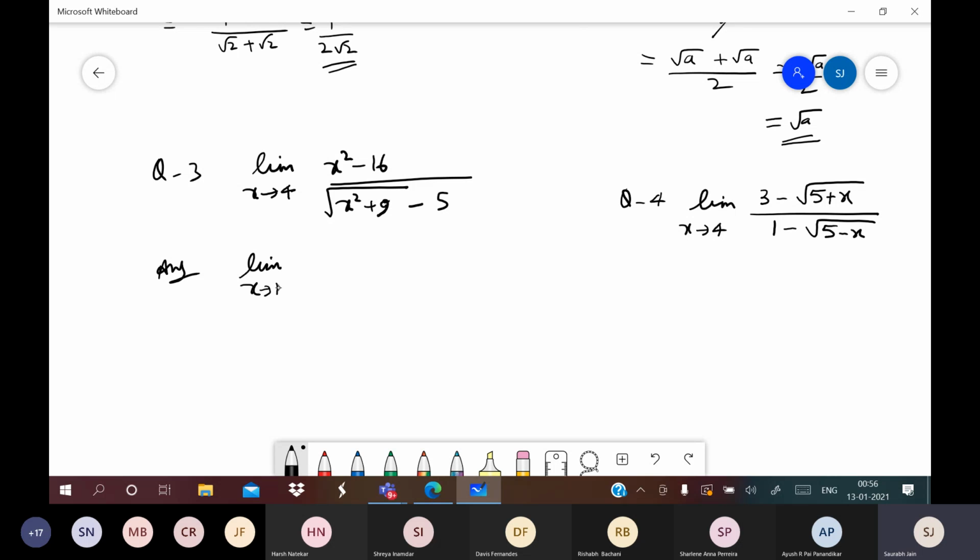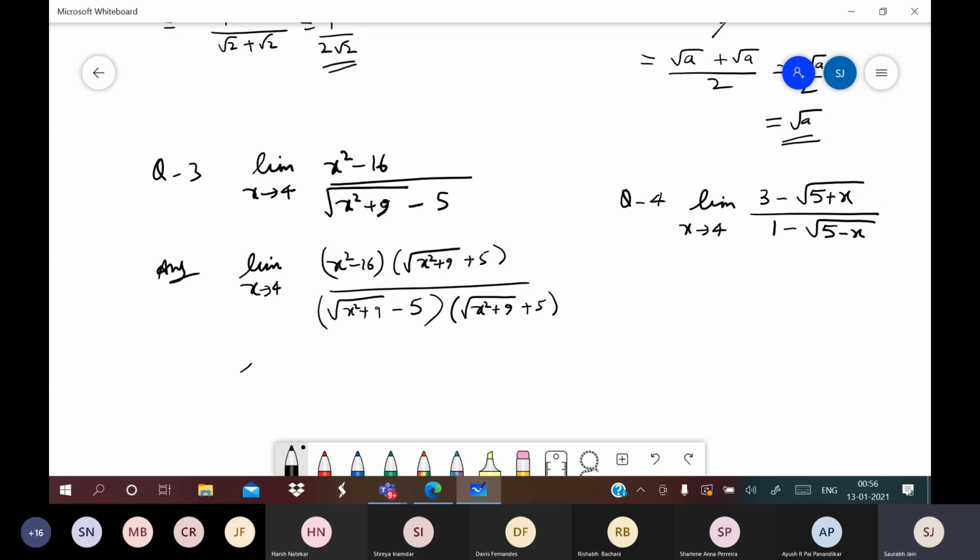See, in the third question, you will rationalize the denominator. Then here it is a minus b into a plus b, which is a square minus b square.